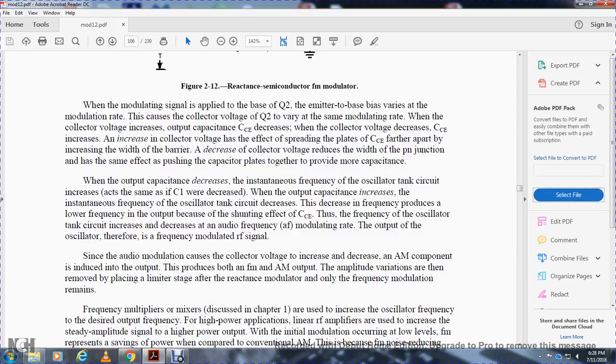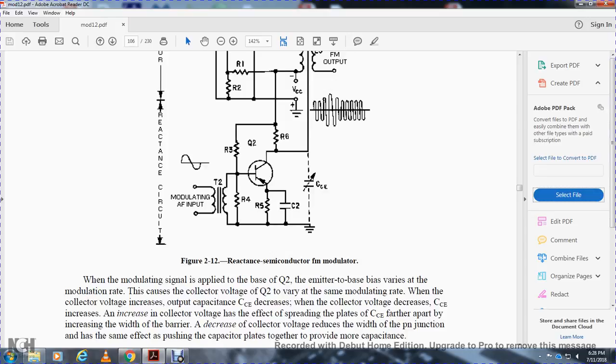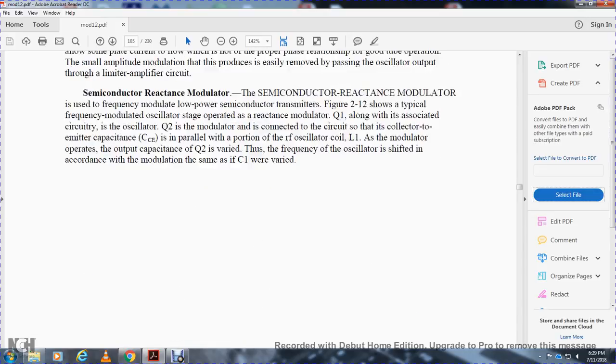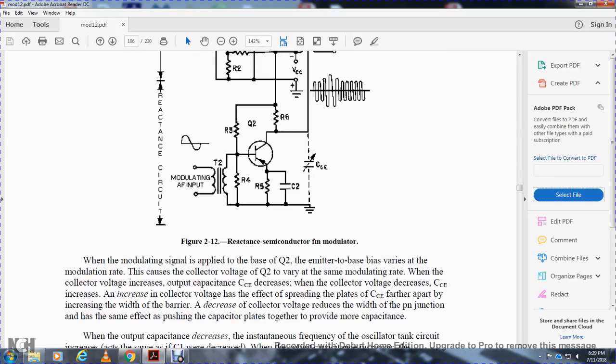With modulation, the modulating signal is applied to the base. What is transistor 2? Transistor 2 is the modulator. The emitter-base voltage varies with the modulating rate, causing the collector voltage of the modulator to vary with the modulating rate.